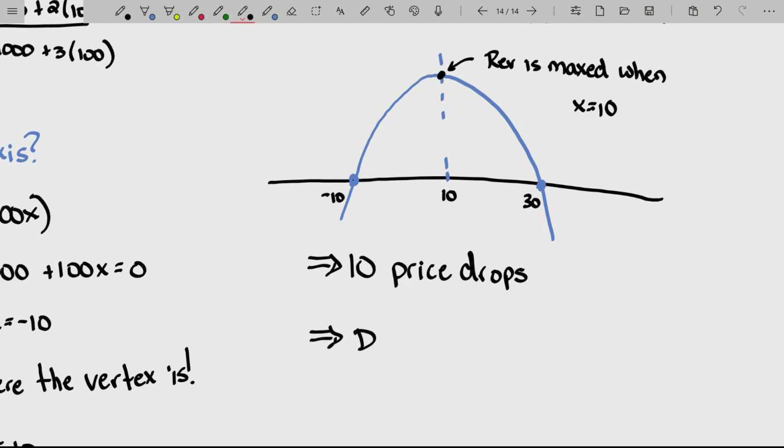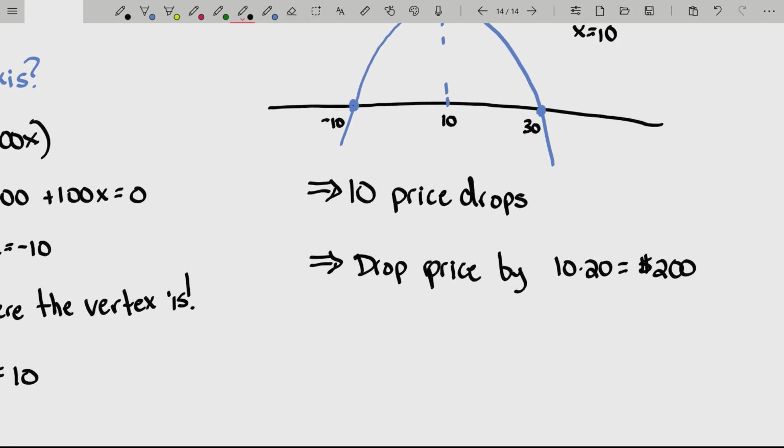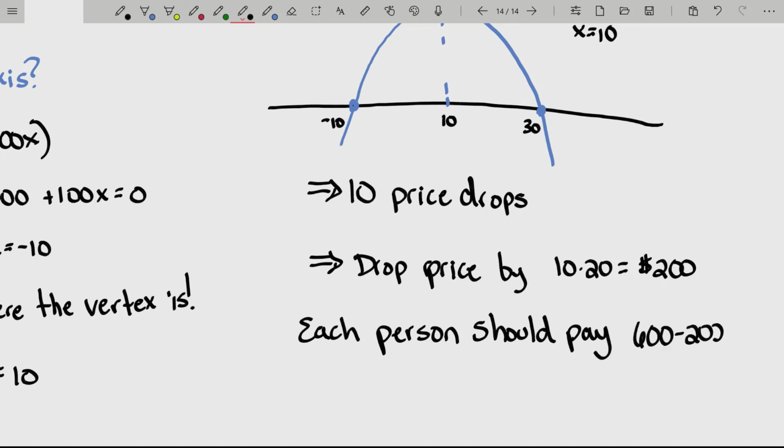So drop the price by 10 times 20, which is $200. So instead of charging $600 per person, now each person should pay $600 minus $200, or in other words, $400.